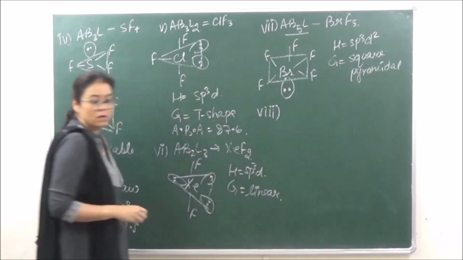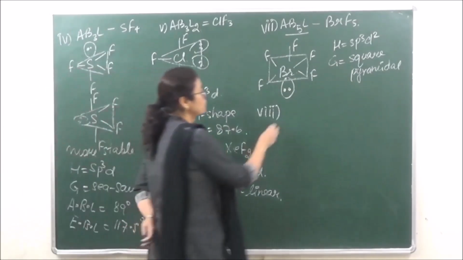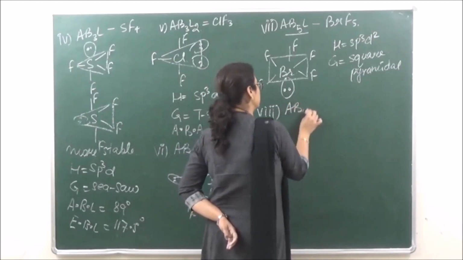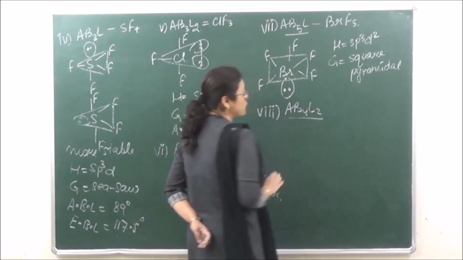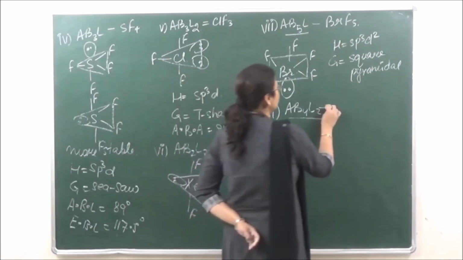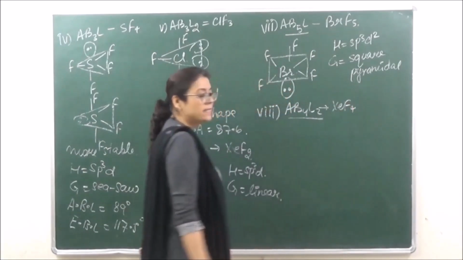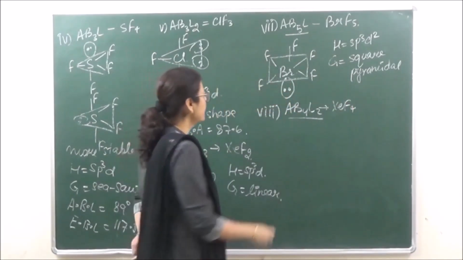The last which we are going to do, that is AB4L2. So there are 4 bond pairs and 2 lone pairs over here. Example आ गया XeF4, ठीक है?